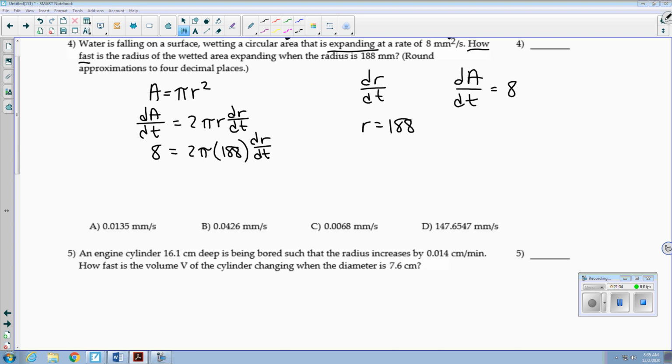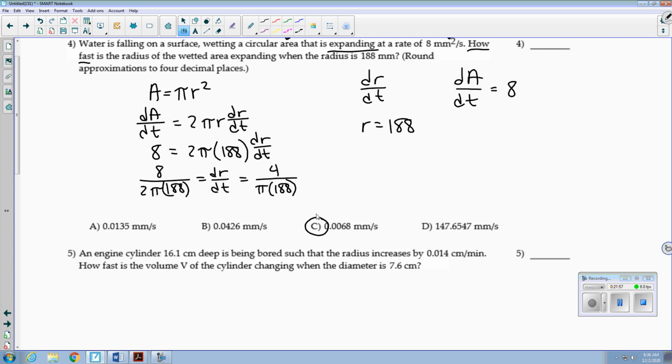And we should get C for the answer when you carry out the calculation of 8 over 2 pi 188. If we didn't have a calculator, we could clean this up a little bit. So we'll have 4 pi over 188.